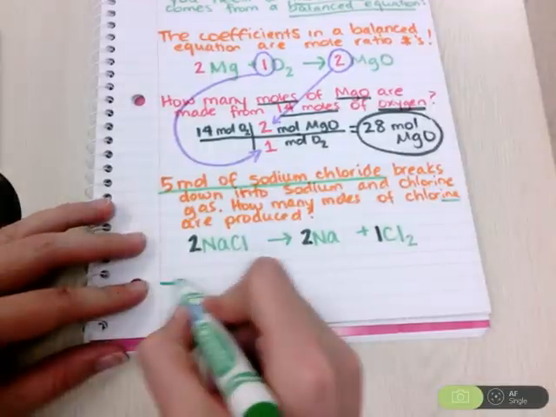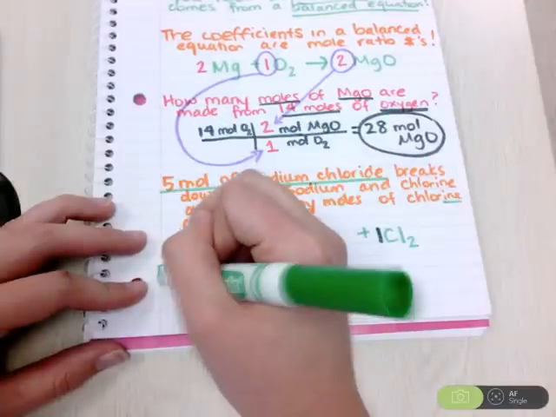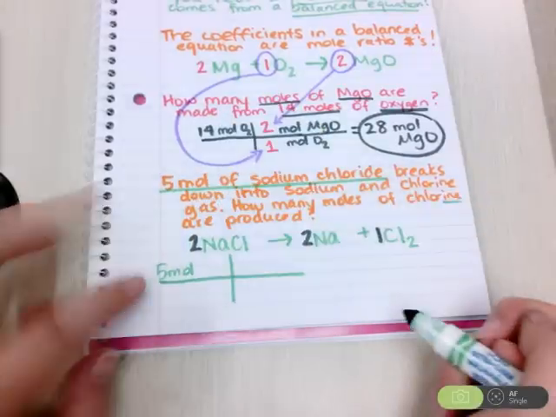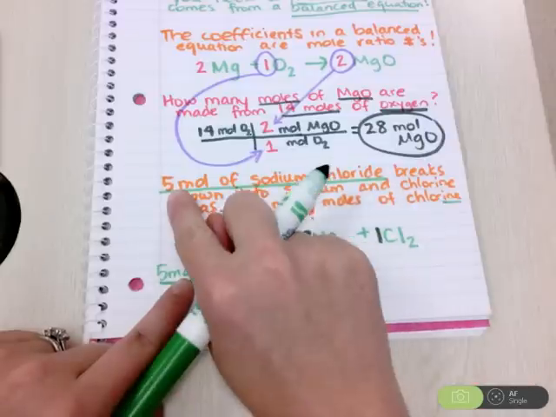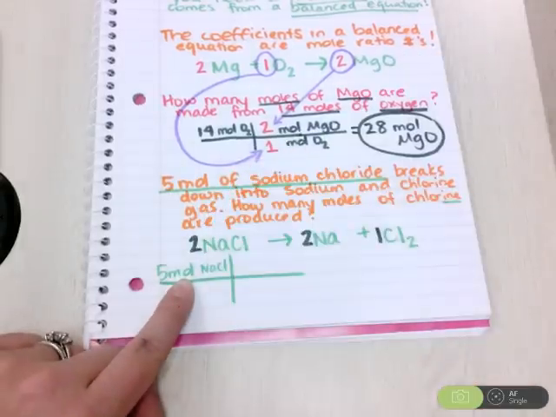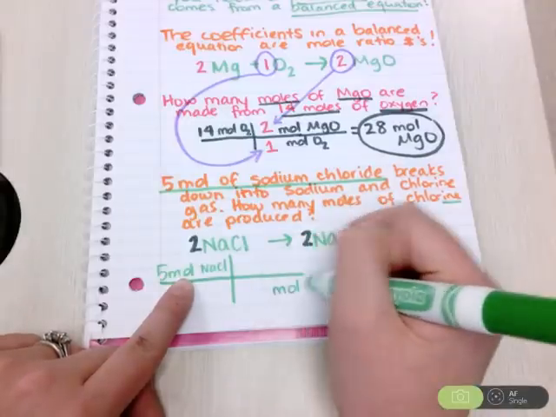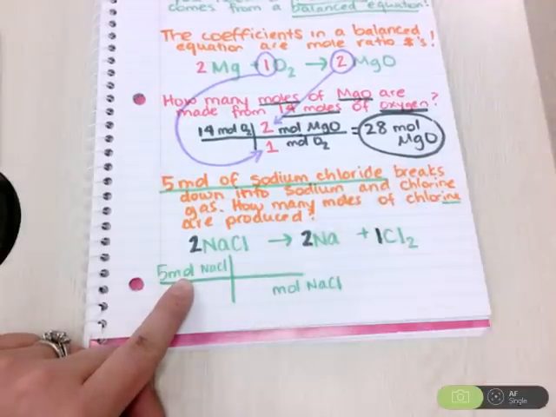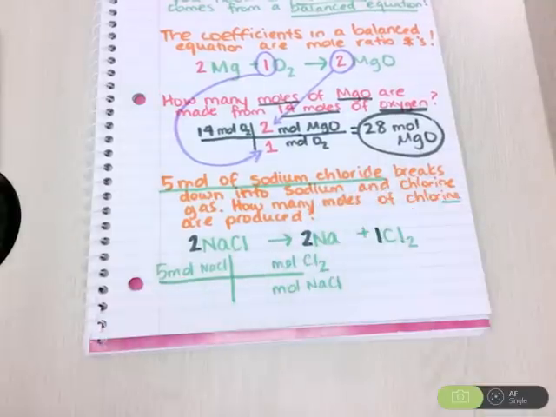So I'm going to set up a T-chart. My given 5 moles, I can't just leave it moles now because I'm going to moles. So 5 moles of sodium chloride goes in my first box. To cancel it out, moles of sodium chloride have to go below. And I want moles of chlorine gas.